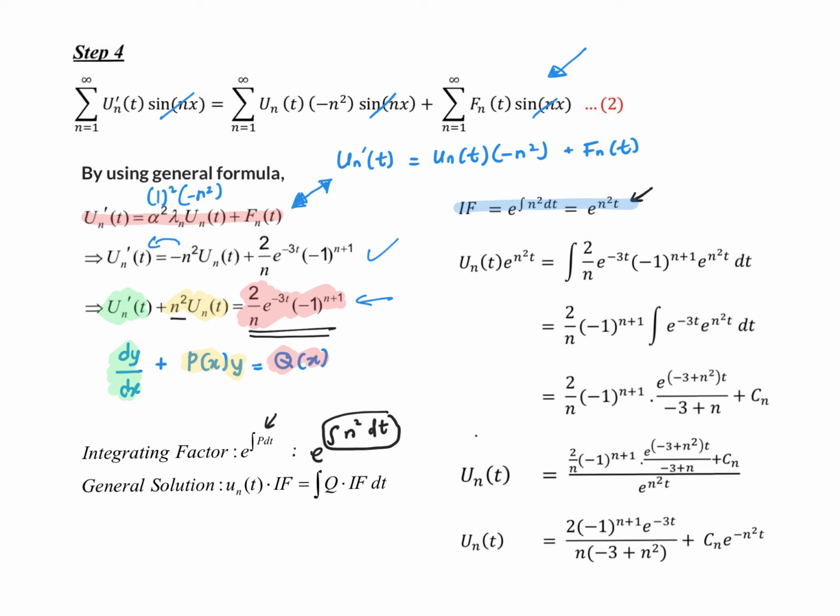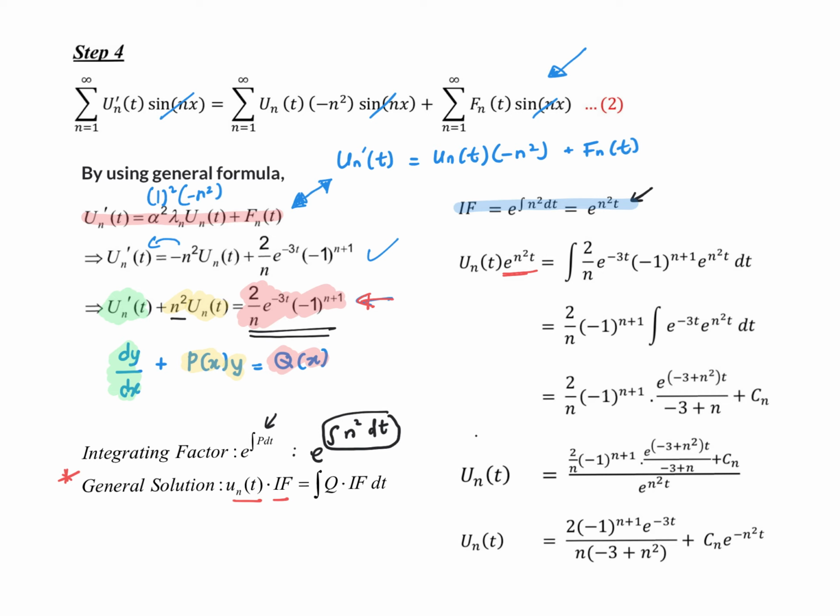Next, we are going to use the second formula, which is the general solution. So we have u_n(t) times IF equal to integral of q times IF. So our q is this one. Okay, now let's just write back. We have u_n(t) times our IF equal to the integral.